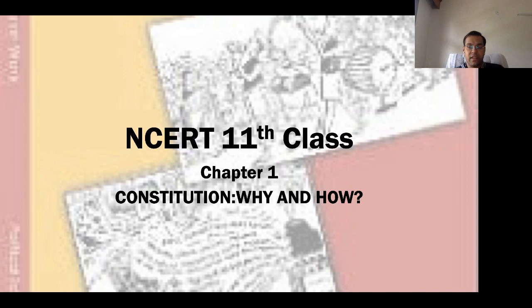Class 11 NCERT is divided into multiple chapters. The first chapter of the NCERT is Constitution, Why and How. So we'll be answering the question, why is the Constitution important and how do we use the Constitution for our benefits, for the running of the country, for the functioning of the government?